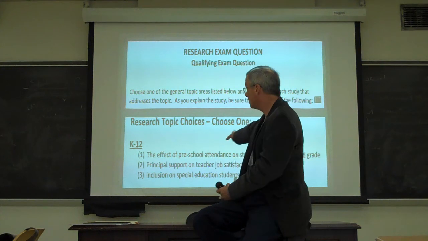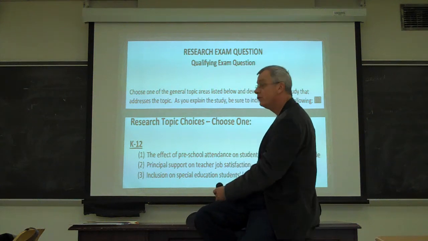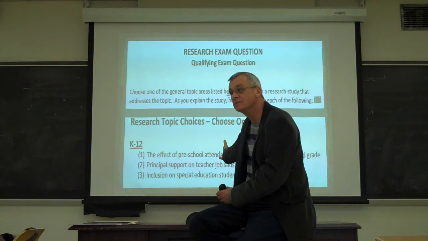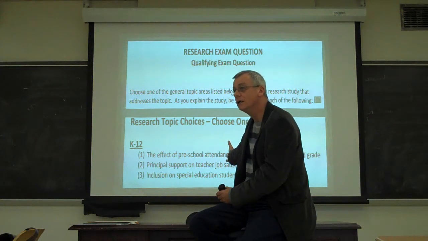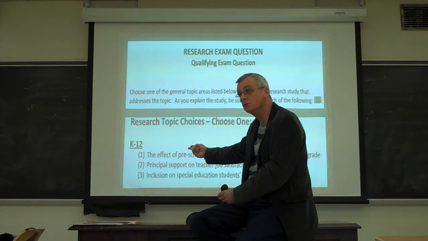If we had just left it as, what are the effects of preschool attendance on student learning in 3rd grade as my research question, we would assume that my sample would have to be what? The entire country. Right? And preschool attendance could be private preschool, public preschool.